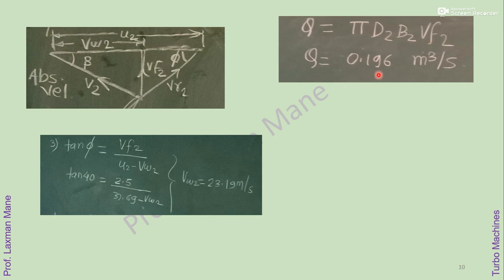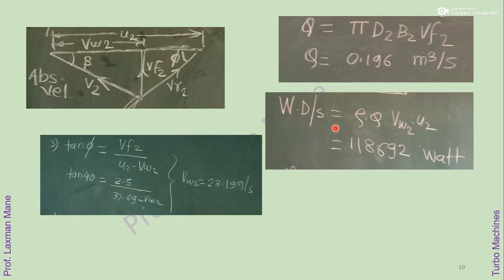So we get discharge. Then work done per second, means power at impeller, is equal to rho into q into vw2 into u2. Q is calculated now in meter cube per second, use it here. Rho 1000 kg per meter cube, density of water. So we get work done per second in watt.